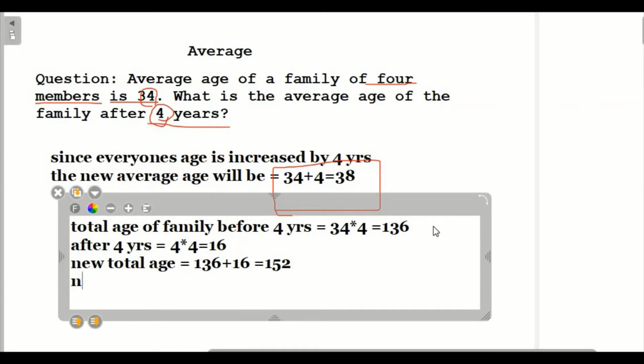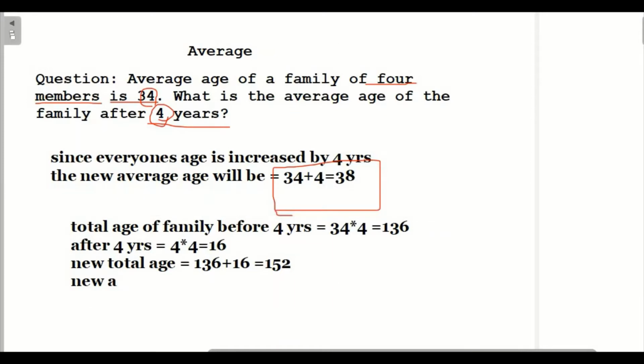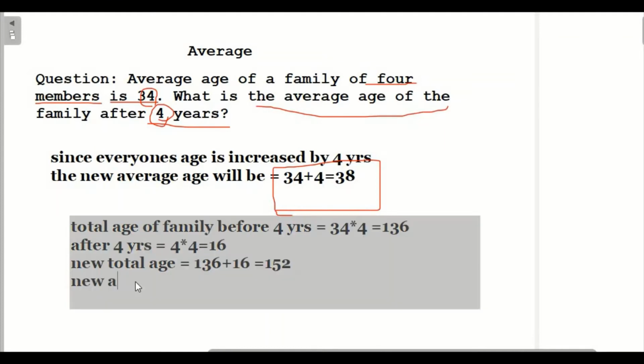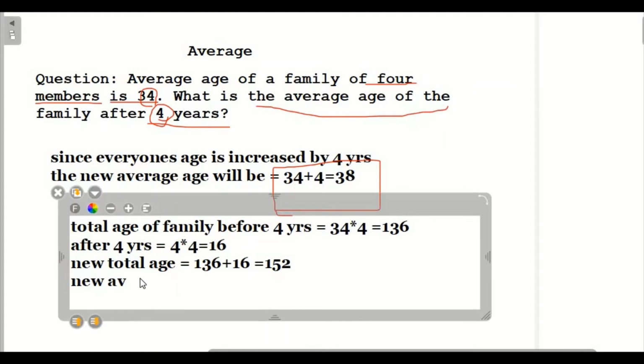So we have to find the new average of the family. So the new average after 4 years, we divide by 4.